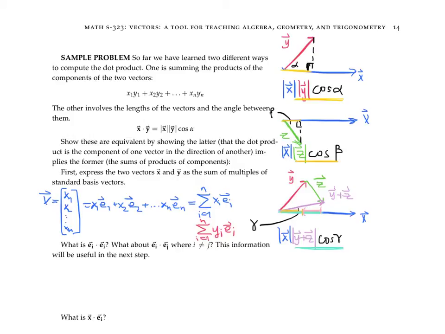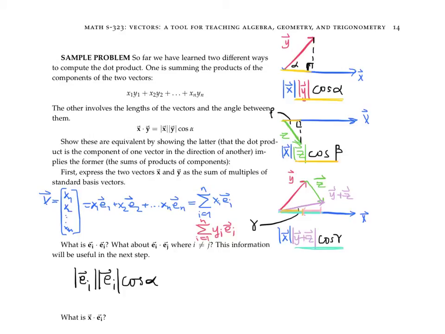Let's take a look at what is e sub i dotted with e sub i. According to this definition, well, let's write it down. It would be the length of the first vector times the length of the second times cosine alpha, where alpha is the angle between them. If we're talking about the same standard basis vector, well, standard basis vectors always have length 1, right?